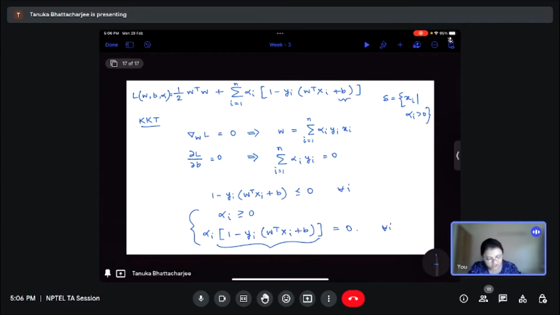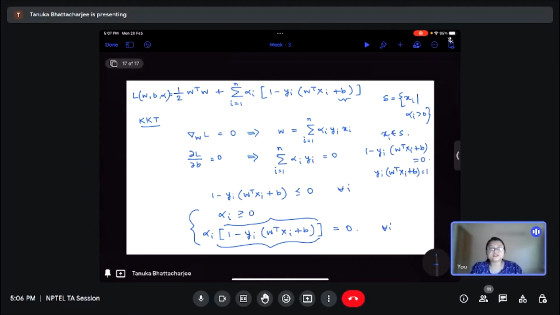So essentially this term 1 minus yi (w transpose xi plus b) will be equal to 0 for any of the points belonging to S. So if xi is an element of S, then 1 minus yi (w transpose xi plus b) will be equal to 0, or your yi (w transpose xi plus b) will be equal to 1.